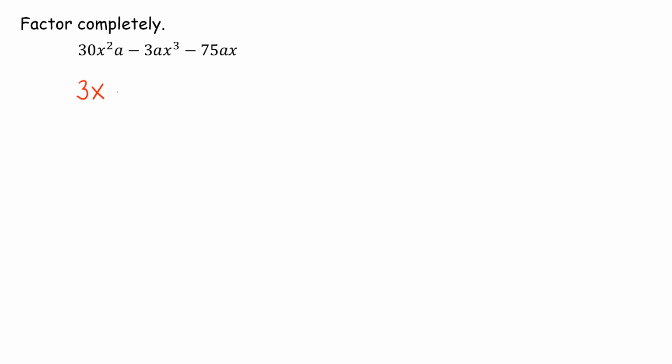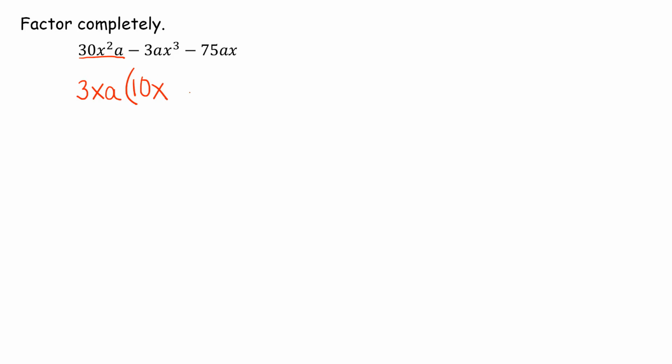I have a factor of a in all three. So what's left? For the first term, I have a factor of 10. 10 times 3 is what gives me 30. I have a factor of x because I only have one factor of x here, and there are two factors of x there, so just an x. And the a I have already taken out, so it's gone.